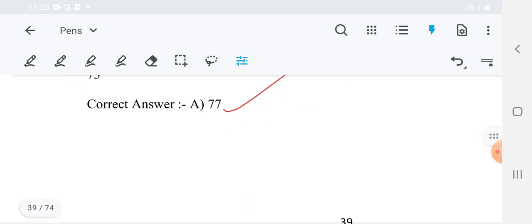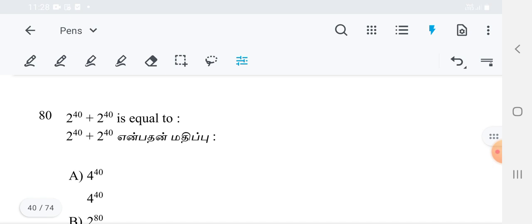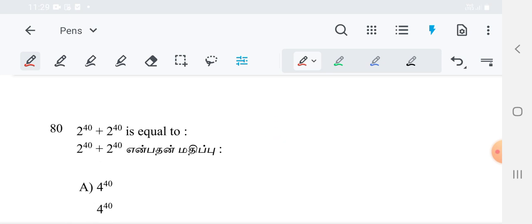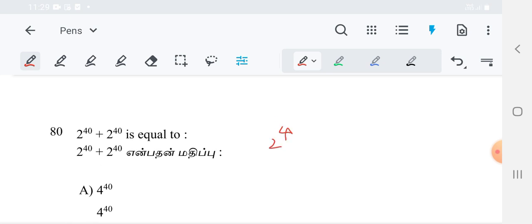Okay, now come to the next question. 2 power 40 plus 2 power 40 is equal to what? Both numbers are the same, so you take 2 power 40 as the common number. Inside, already we took it as common, so 1 will be there, and this also 1, so 1 plus 1. So this can be written as 2 into 2 power 40.